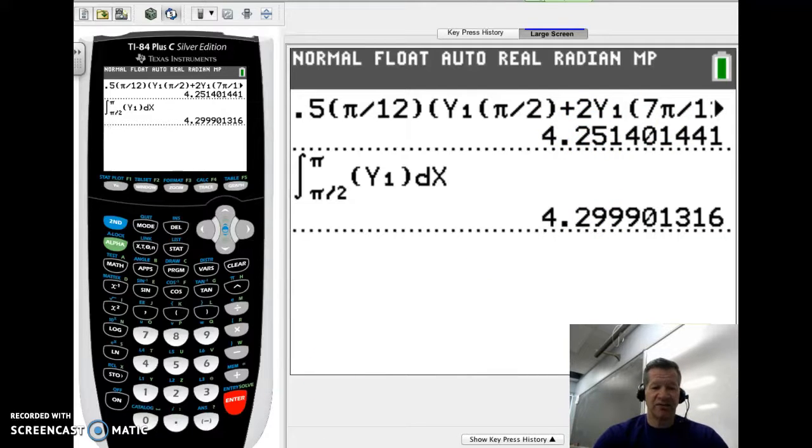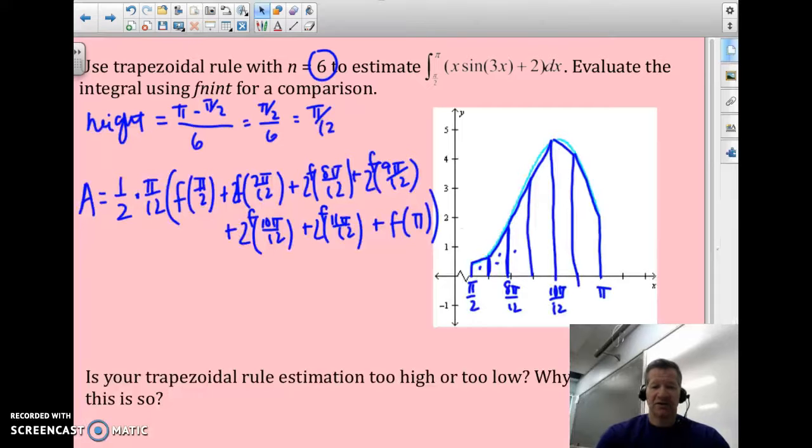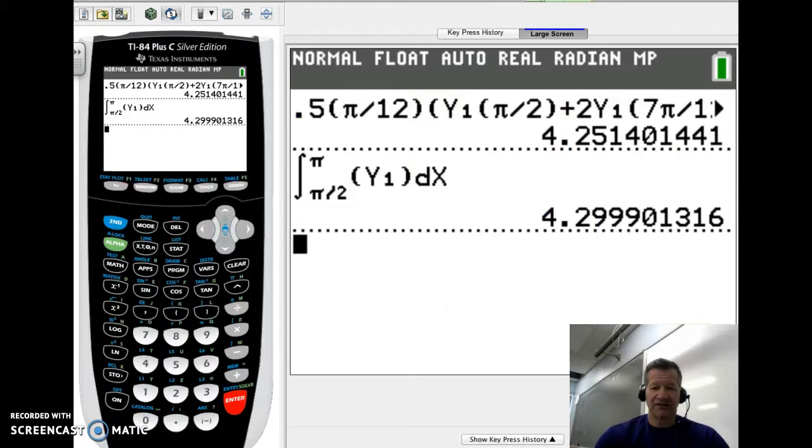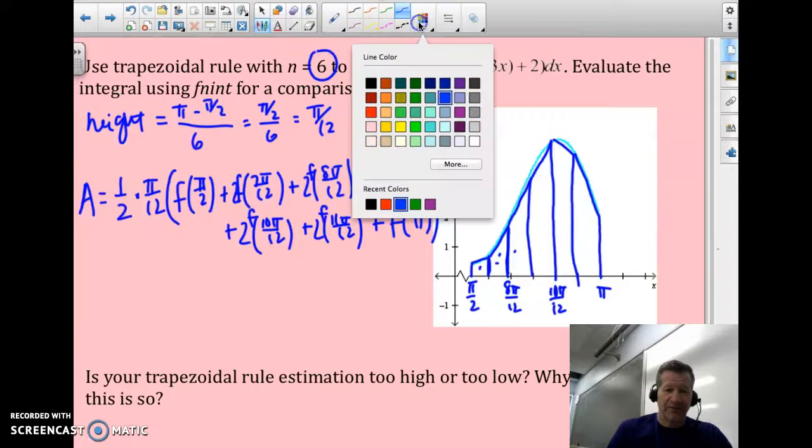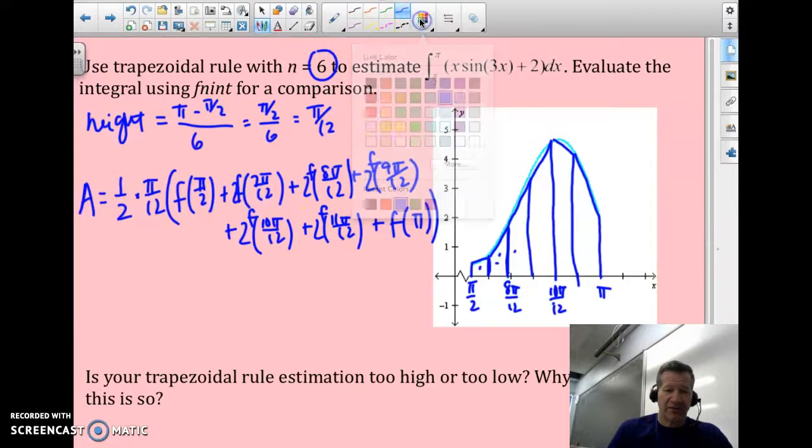Compared to rectangular approximation, the trapezoidal rule is fantastic. Okay, so to 3 decimal places, I get 4.251 as my trapezoidal approximation. Okay, don't put the actual one that you found, although that was about 4.29.